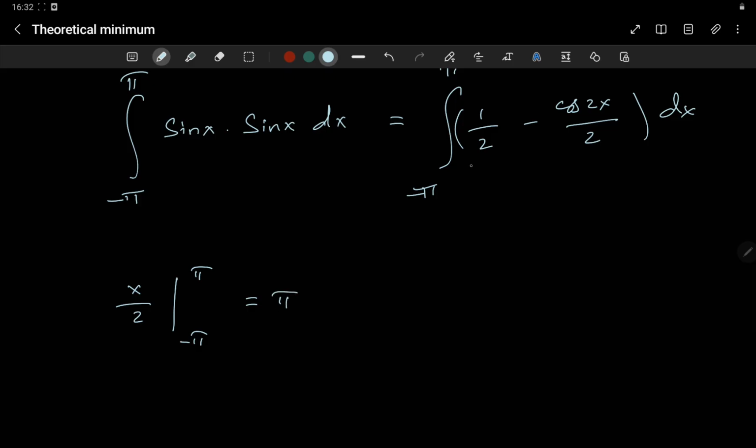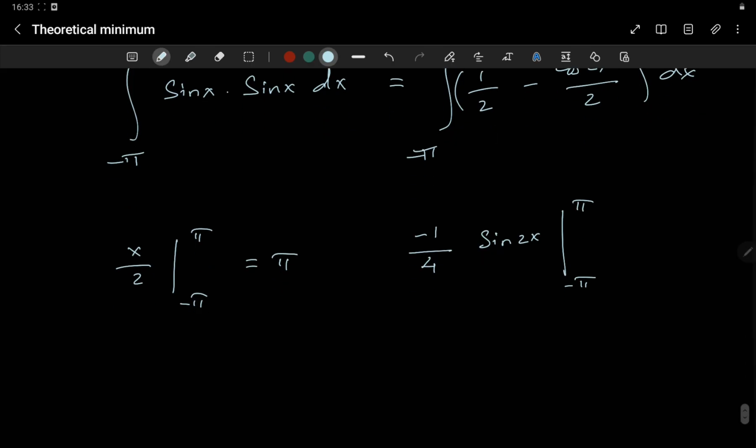So the contribution from the first term is pi. What about the contribution from the second term? Cos 2x by 2 integrates to minus 1 by 4 sin 2x, from minus pi to pi. So that is minus 1 by 4 times sin 2 pi plus sin 2 pi.